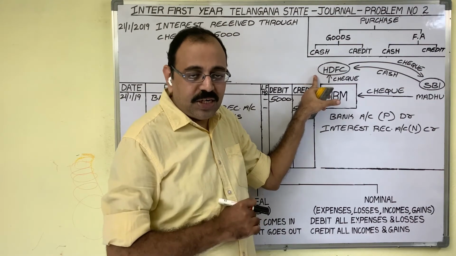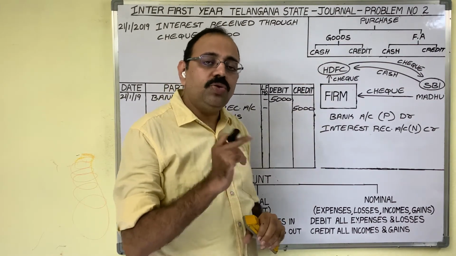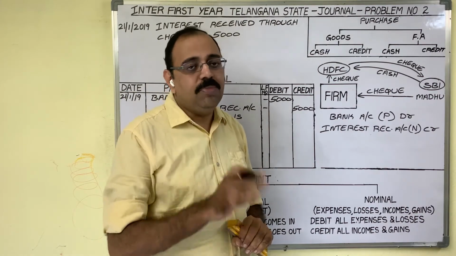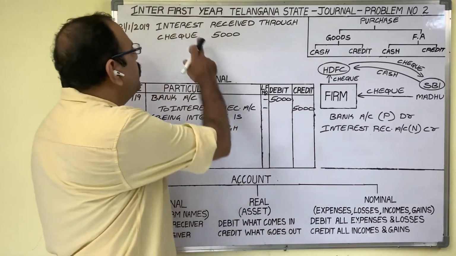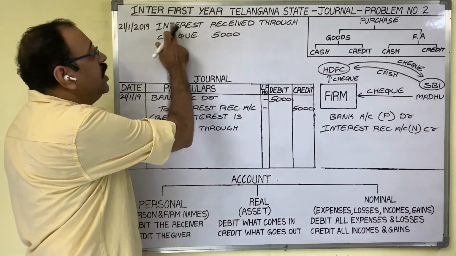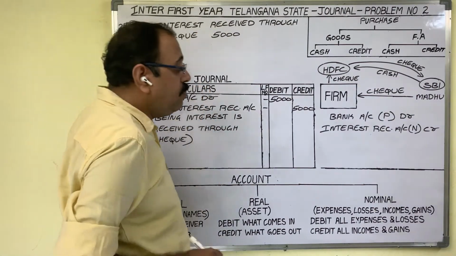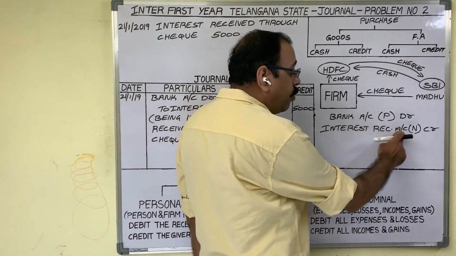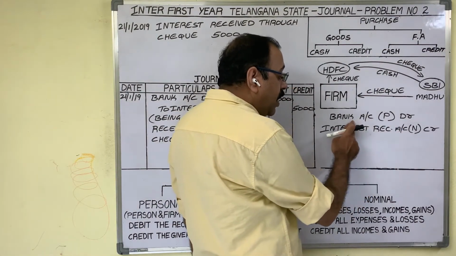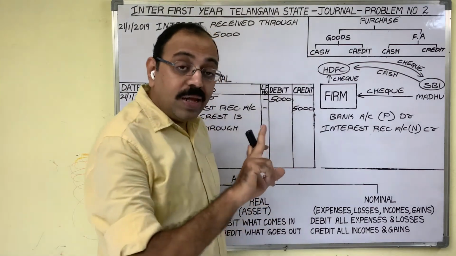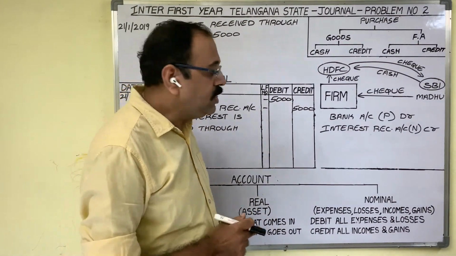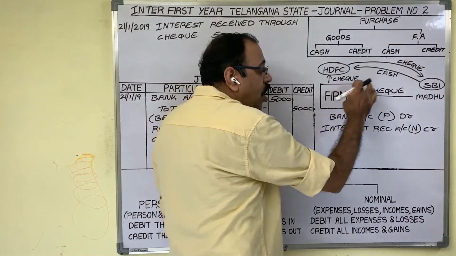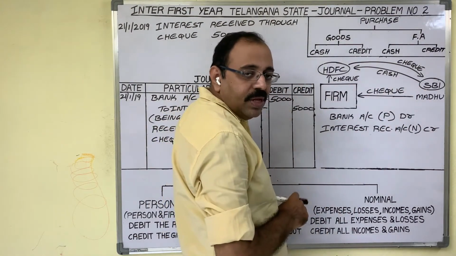This is a transaction. Now two accounts we should identify from this transaction. One account is the income name. We received this money towards interest. So income name is interest received. With that name, open one account. And another account is not cash account, because cash is not coming to the firm, cash is not going from the firm.